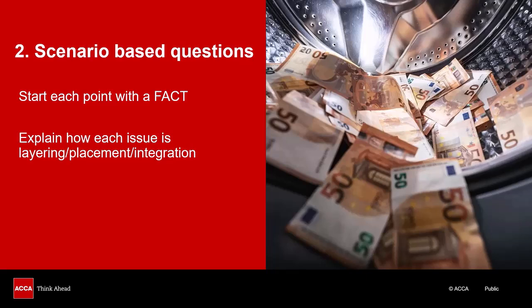I say this is layering as it is moving the money between different jurisdictions, making it difficult for the authorities to follow. And what I've done in that explanation is show that not only did I spot that it's layering, I also know what layering is because I can explain it in the context of the fact that I've drawn out from the scenario. That's how I'd score a full mark.